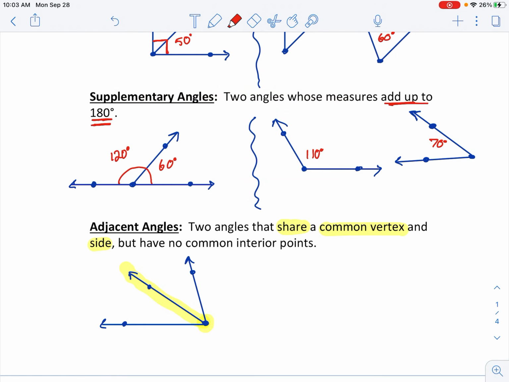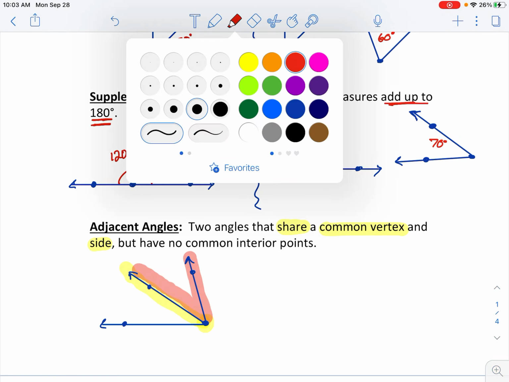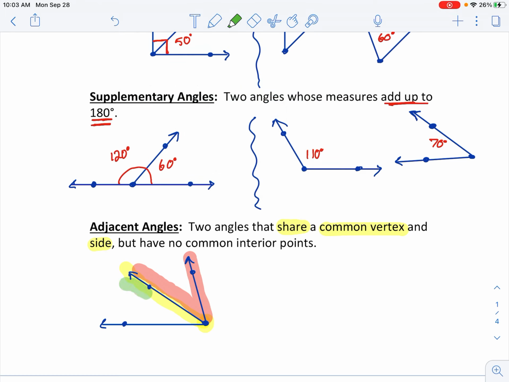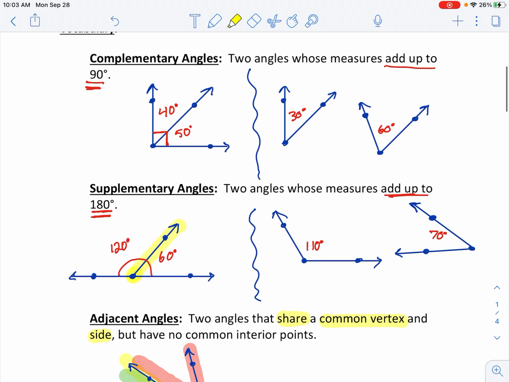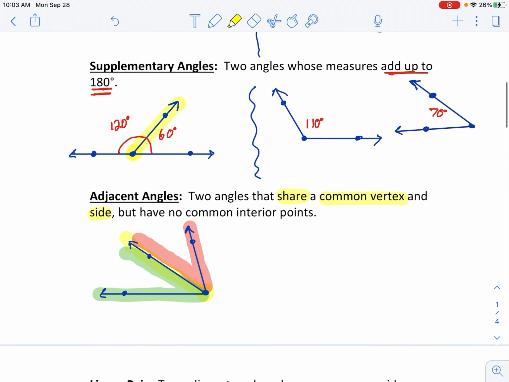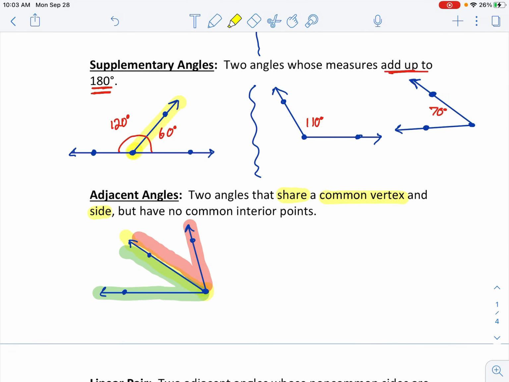There's this red smaller angle here, and this green smaller angle here, and you can see that they share that vertex and that side. You can also see it in these two examples up here. The two smaller angles share a vertex and a side. So adjacent angles are next to each other, sharing a vertex and a side.